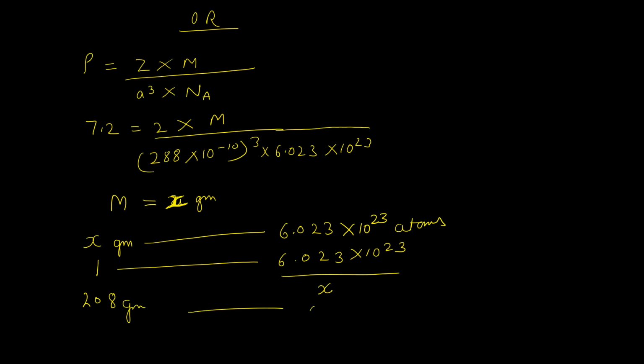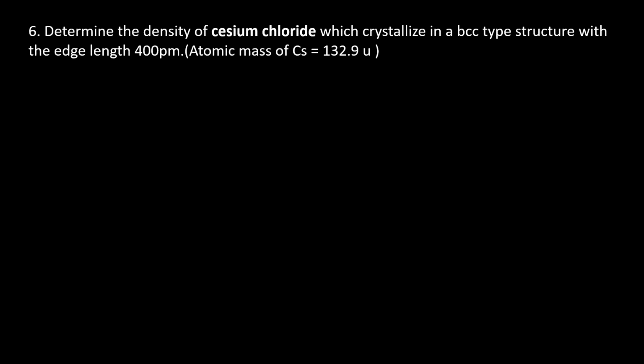The answer will be 6.023 into 10 raised to power 23 upon X, into 208, where X is whatever you get after solving this. When you solve it, again the answer will come out to be the same as by the previous method. I hope this question is clear to you. Then there are more ways in which you can easily solve it.